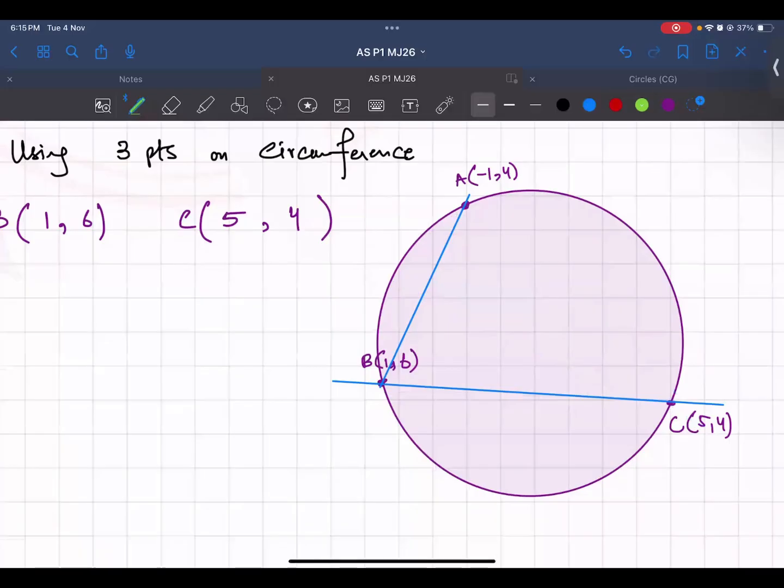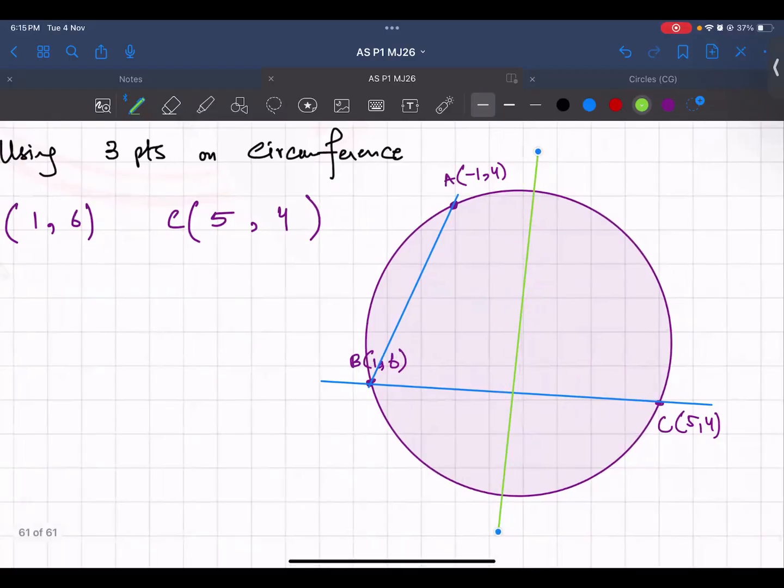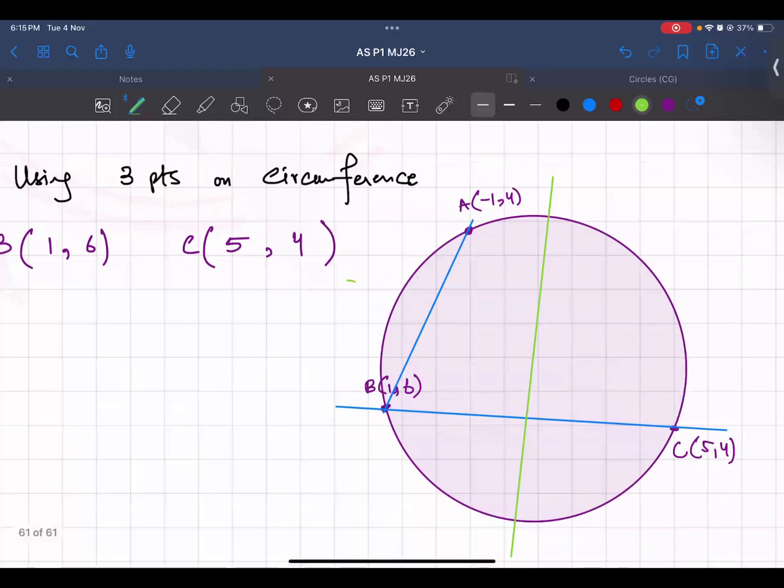The blue ones are the chords, and these are the perpendicular bisectors. I'm just drawing them very roughly, just to show you. So you can see the green ones are the perpendicular bisectors. I told you that both of these perpendicular bisectors will be passing through the center.